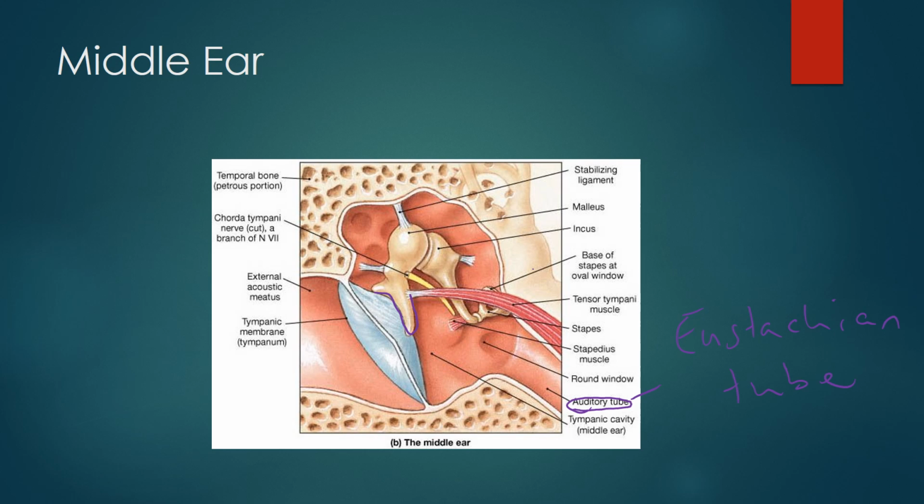So you might see acute otitis media, which is inflammation and infection within the middle ear space, and this can be caused by either viral or bacterial pathogens.